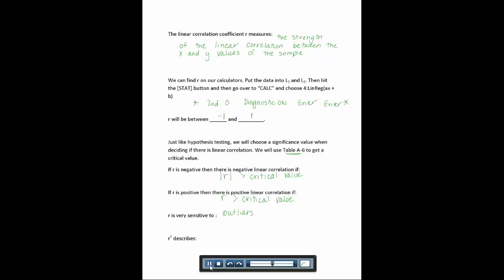One other piece of information is that R squared, which you'll also see on your calculator, describes the proportion of variation in Y that is explained by the linear relationship between x and y.